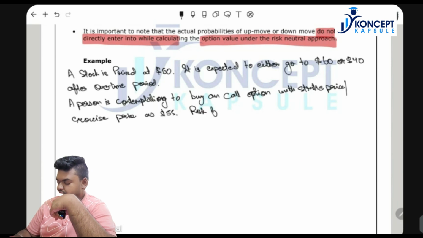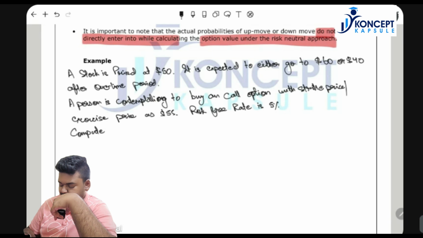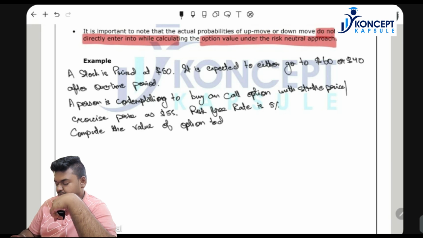The risk free rate is 5%. Compute the value of option today and after one time period.